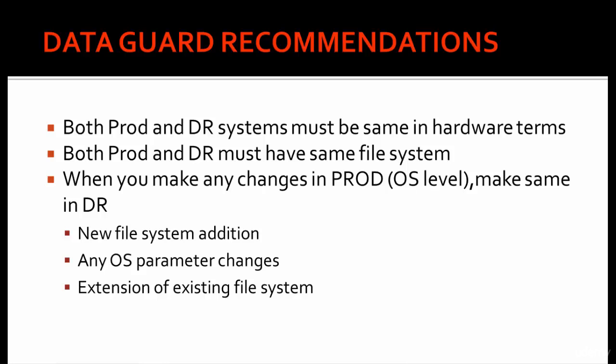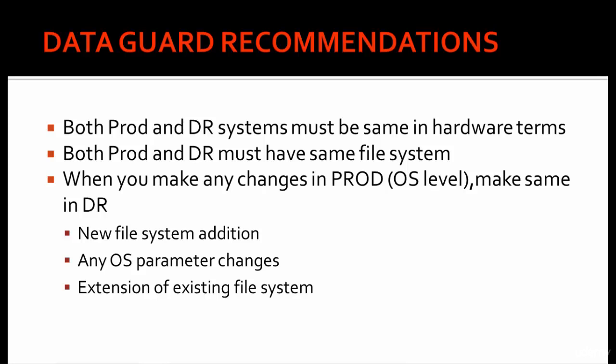That's why in 11g you can configure 29 DRs, but let's take your client has 2 or 3 DRs, then all the changes that have been executed on the production server have to be executed on all your DRs, whether it is a single DR or multiple DRs.